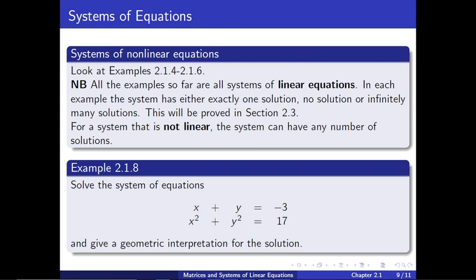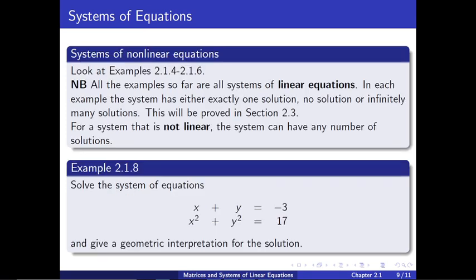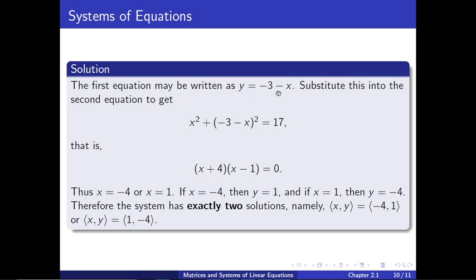So example 2.1.8 says, solve the system of equations x plus y is equal to minus 3, and x squared plus y squared is equal to 17, and give a geometric interpretation for the solution, right? So if we think about the first equation, we can make y the subject of the formula and find that it can be written as y is equal to minus 3 minus x.